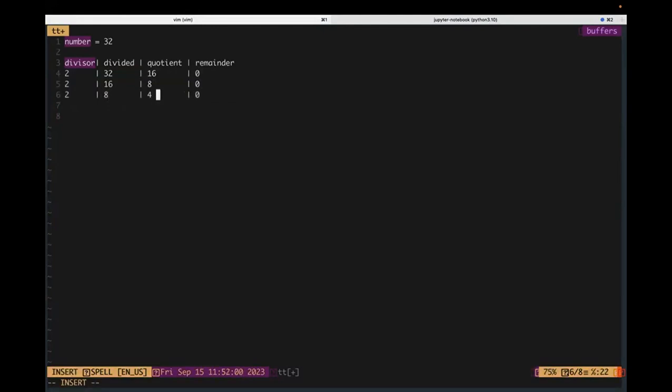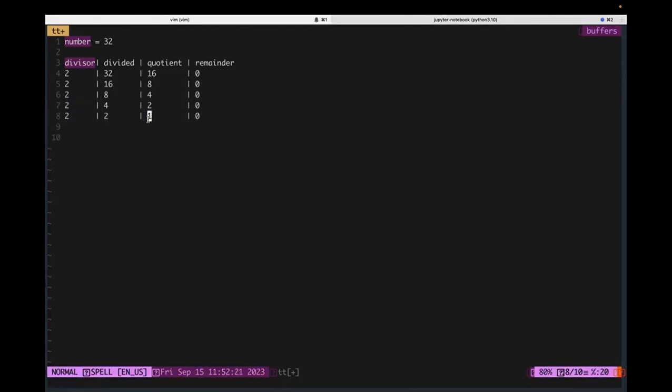You keep dividing until the quotient becomes 0 or 1. Again you get 0. Now divide the 4, you get quotient 2, remainder 0, right? Again dividing by 2, you get quotient 1.